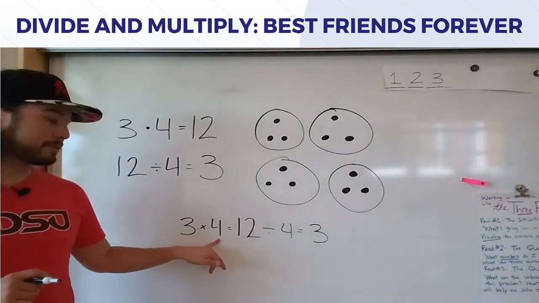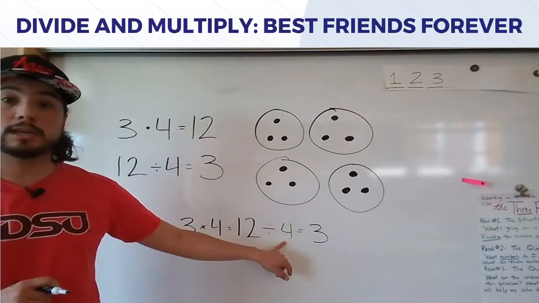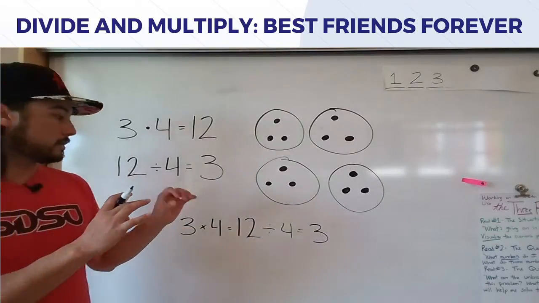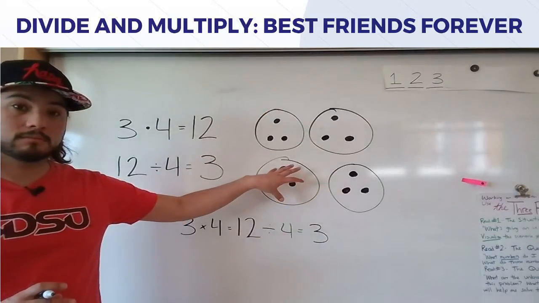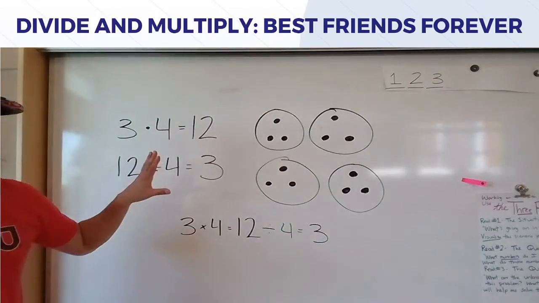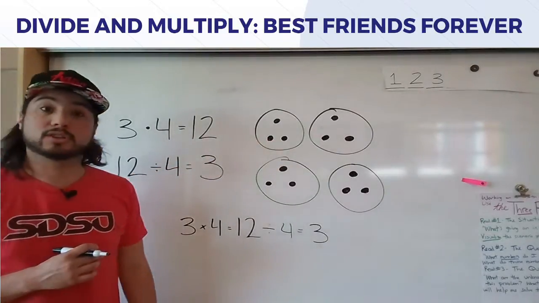So we're multiplying by a quantity, and then when we divide by that same quantity, essentially what we've done is we've taken our 3, we've made 4 groups of it, and then we divided that back out into 4 groups. So we end up back with the same 3 that we started with.